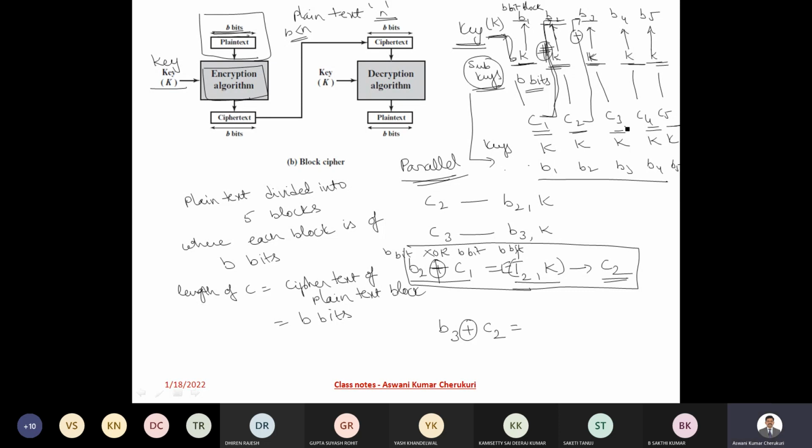C3 would be XORed with B4 and apply K, get C4. C4 would be XORed with B5. So is this process clear? What we have narrated is called cipher block chaining.